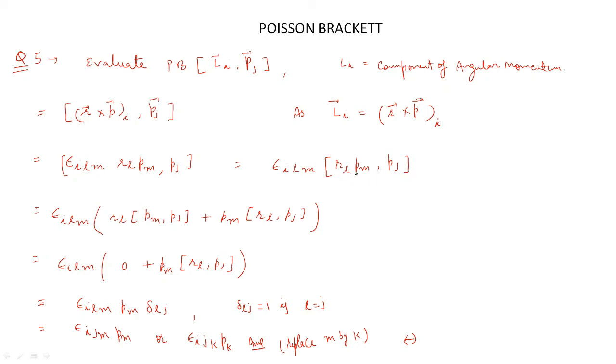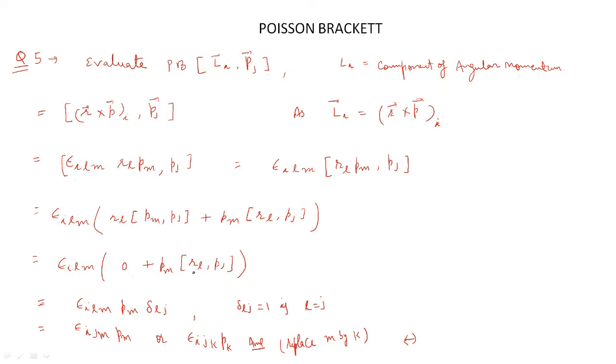Now here we will use the property of the association law, so we can write it as epsilon_ilm times R_l {P_m, P_j} plus P_m {R_l, P_j} inside the Poisson bracket. Now {P_m, P_j}, we know that the Poisson bracket of this term is 0, so it will be 0 plus P_m {R_l, P_j}.